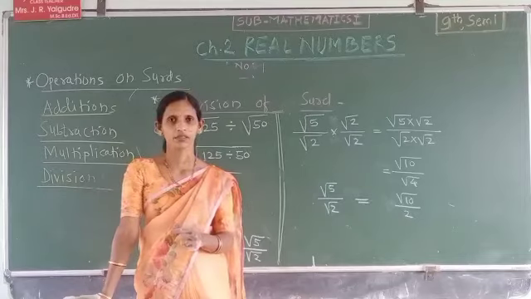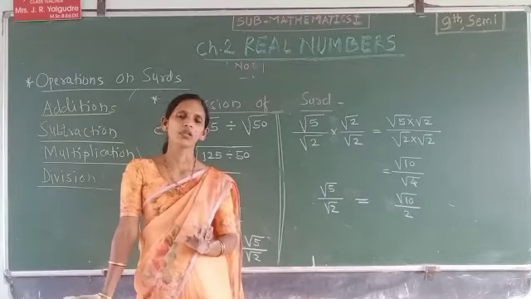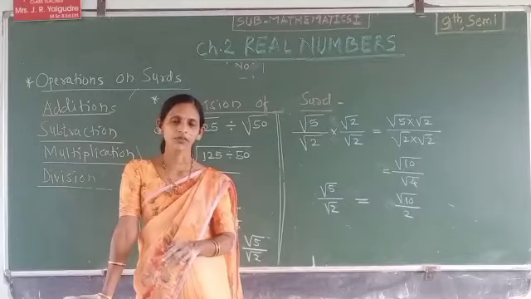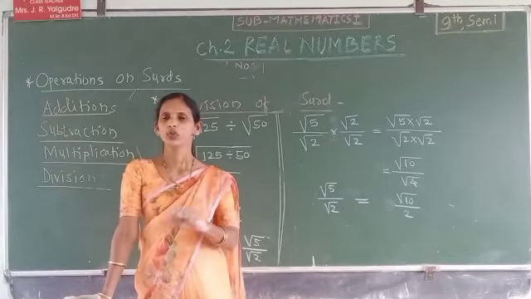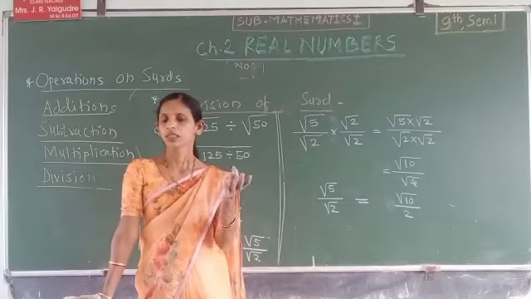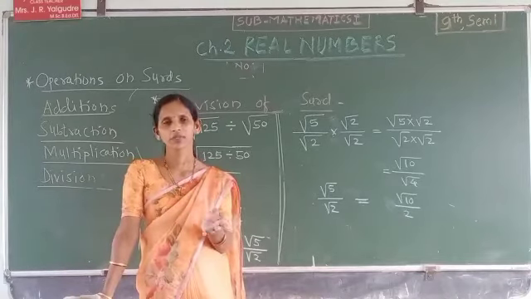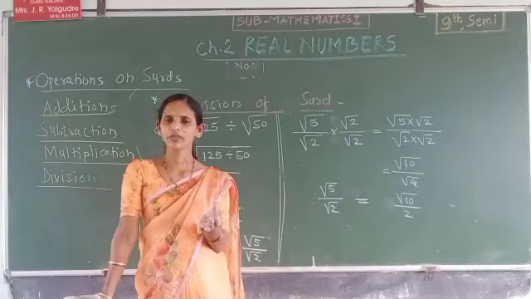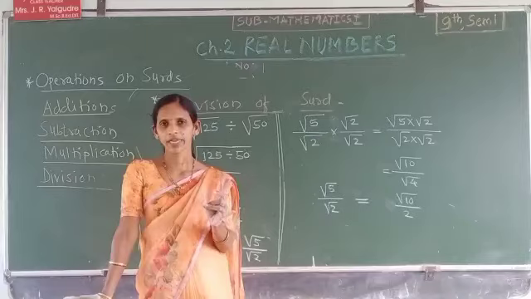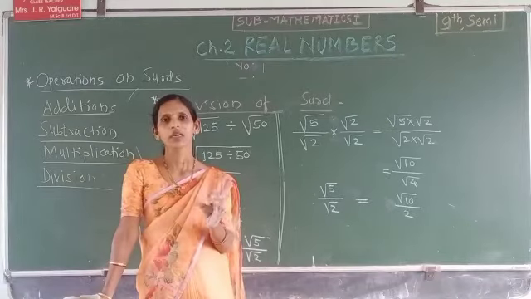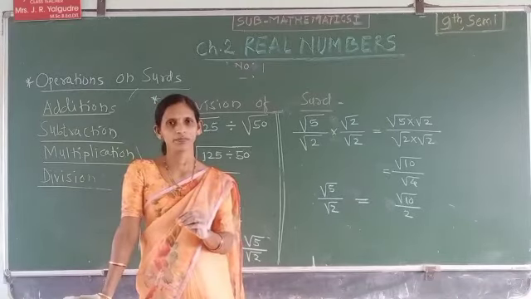Then you may solve the examples from practice set 2.3, which is based on the degree of surds, then comparison between surds, as well as addition, subtraction, multiplication and division of surds.